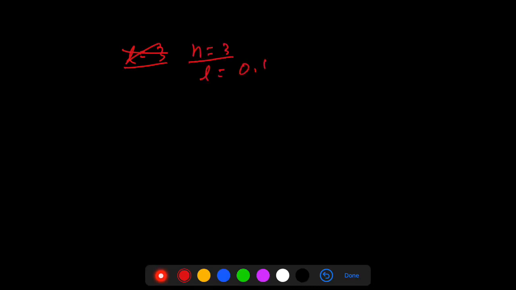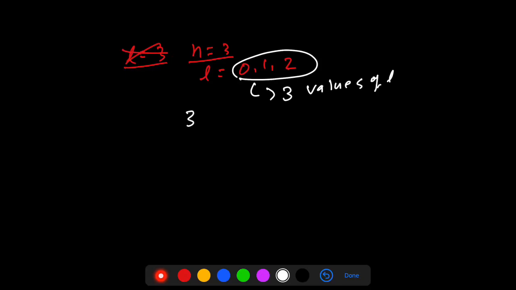Fine. Another example, for the third shell, the value of L will be 0, 1 and 2. Right? We have 3 values of L. So, can we say that the third shell has 3 subshells?